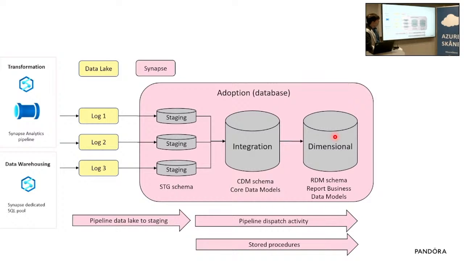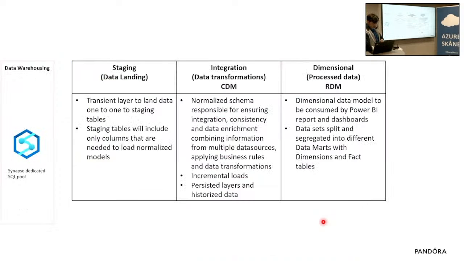The final schema is the RDM, where you are ready to expose data to end users or to other tools. And everything is orchestrated through pipelines. There are some stored procedures doing some transformations, but the stored procedures are run via Azure Synapse pipelines.